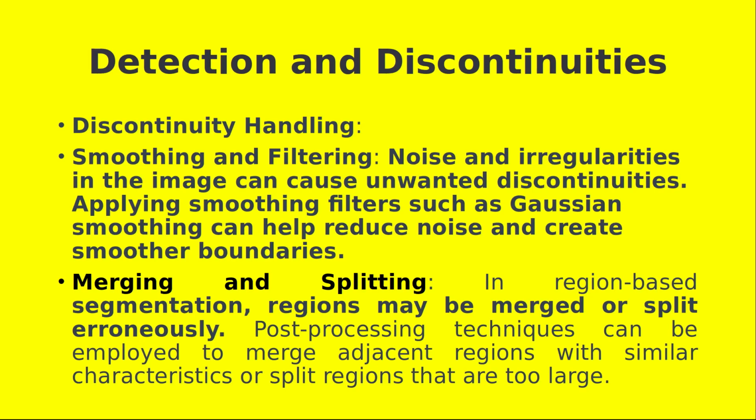Merging and splitting: the regions are split in the segmentation. If the pixel character is the same, then we merge the regions, or if a region is big, we split it into two or more parts.